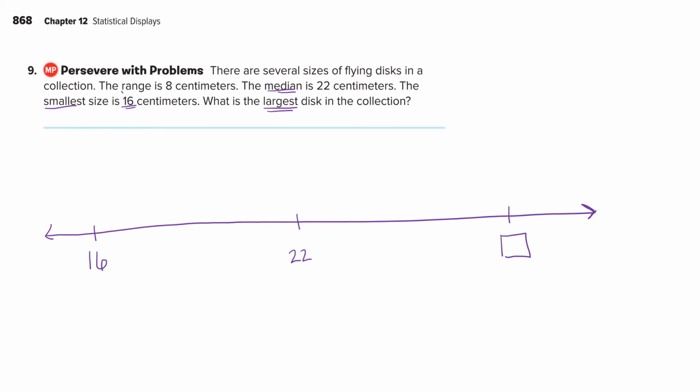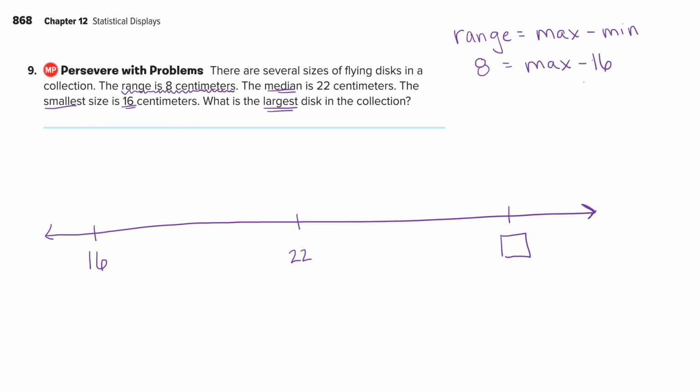We're told that the range is 8 centimeters. Well, this is very helpful because I know that the range equals the maximum minus the minimum. And the range is 8. We don't know what the maximum is, but we do know what the minimum is, and that's 16.